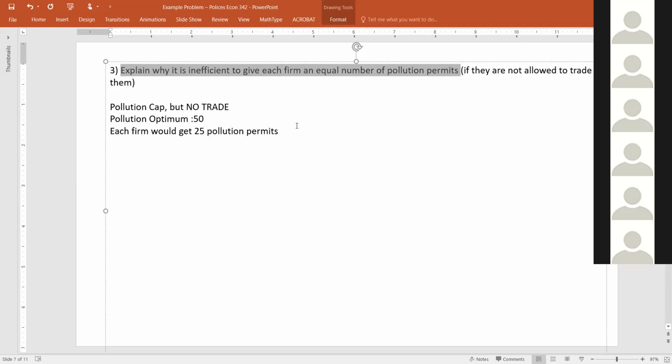So we want to know why this solution, which at first glance seems elegant, is inefficient. We want 50 total units of pollution, so that should be 25 units a firm. That seems like an elegant solution. Why might it be inefficient?